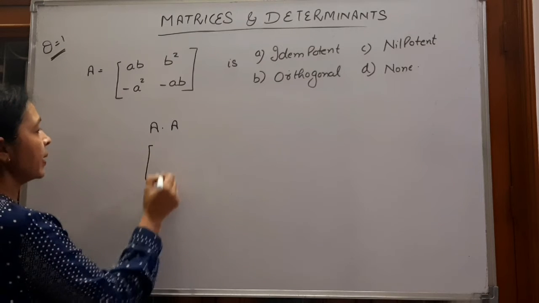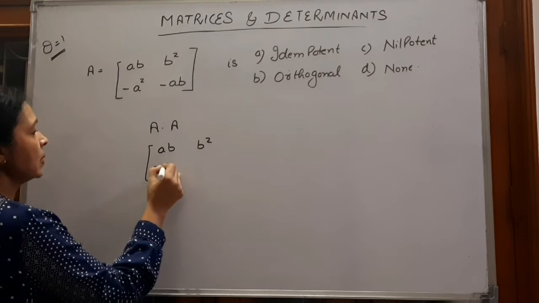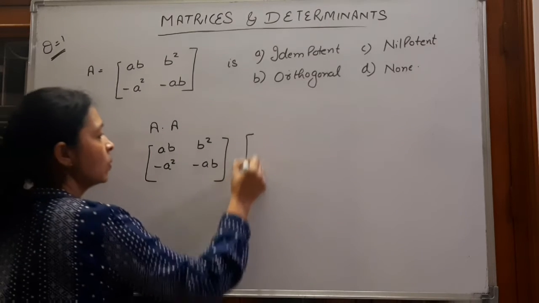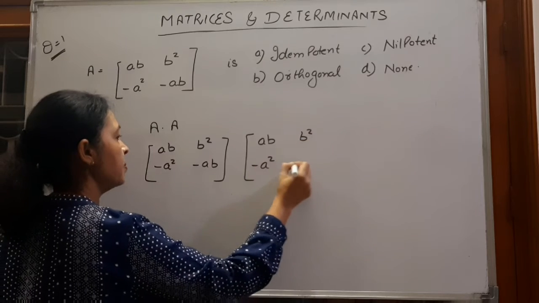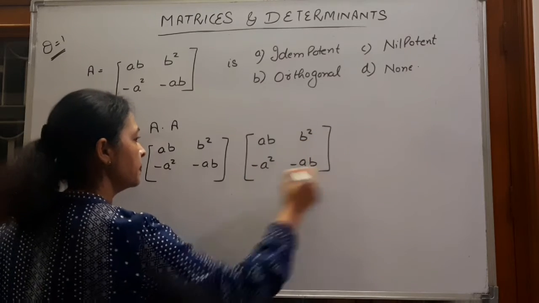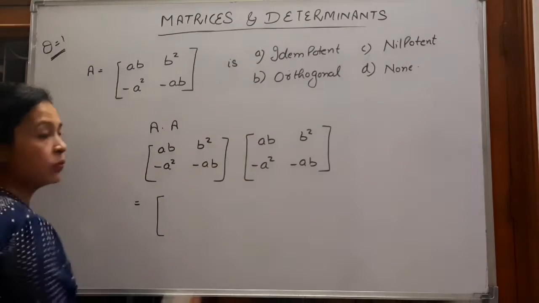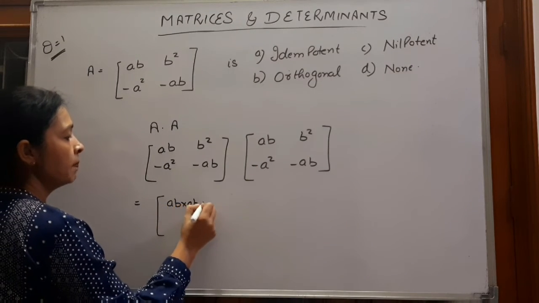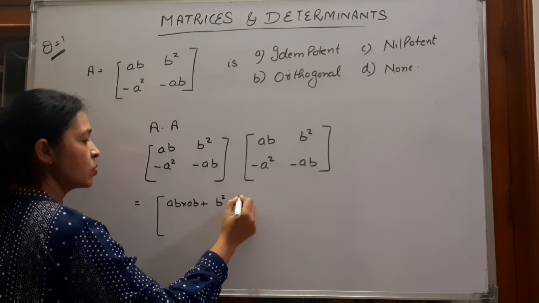Now A with A, we have AB, B square, minus A square, minus AB, with AB, B square, minus A square and minus AB. First row with first column, AB into AB plus B square into minus A square.